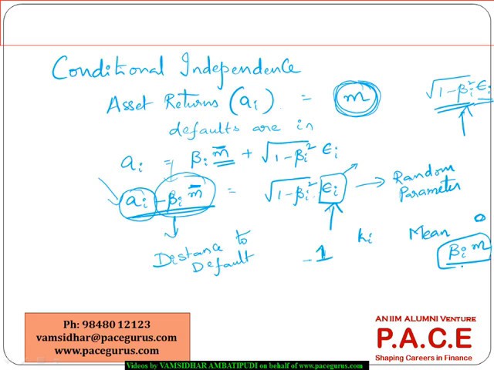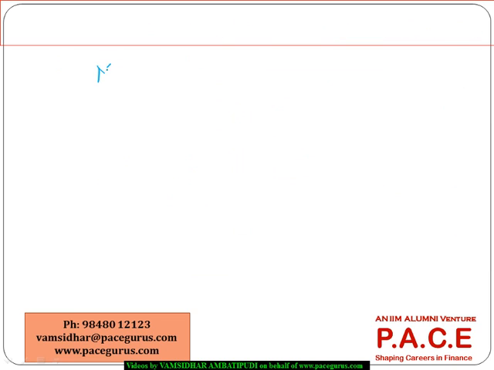So now we are assuming that the conditional distribution of default follows a normal distribution with mean beta I times m and a standard deviation square root of 1 minus beta I squared.